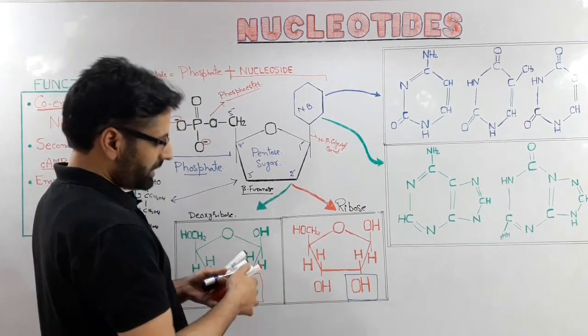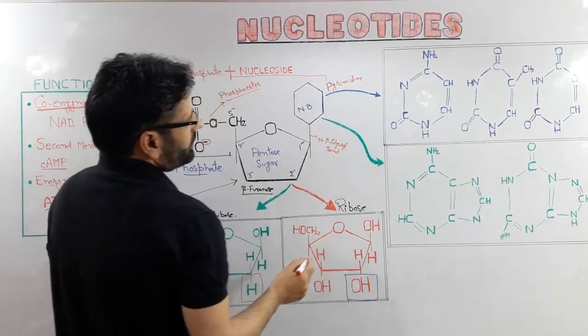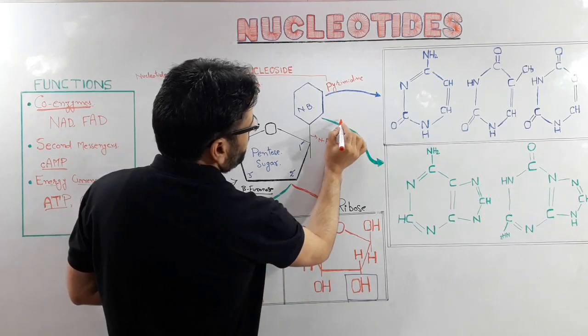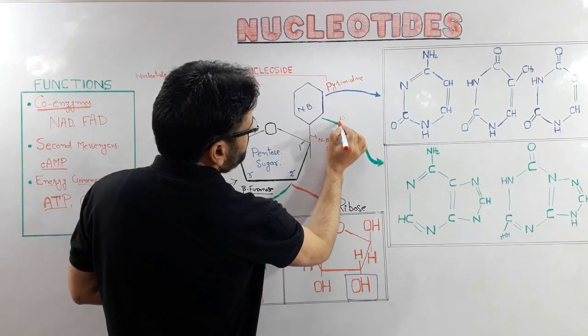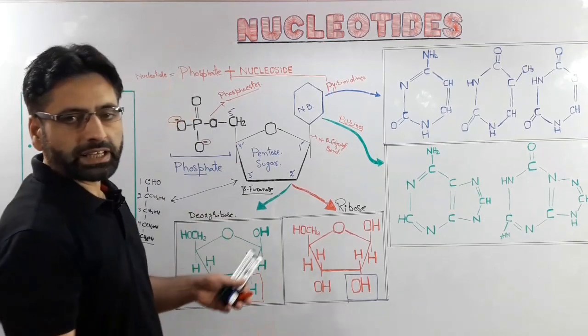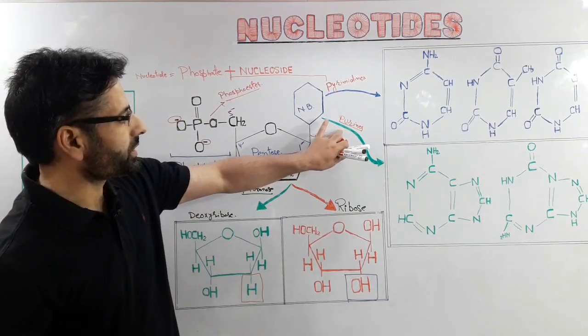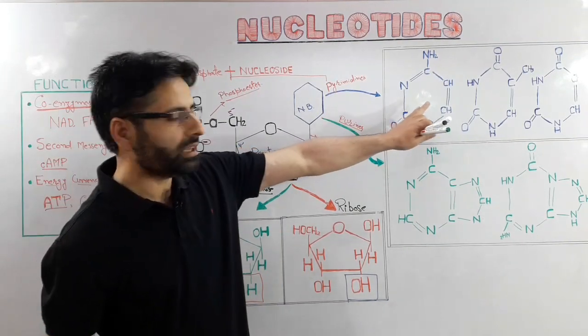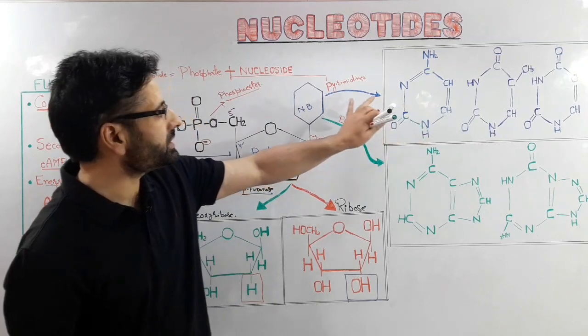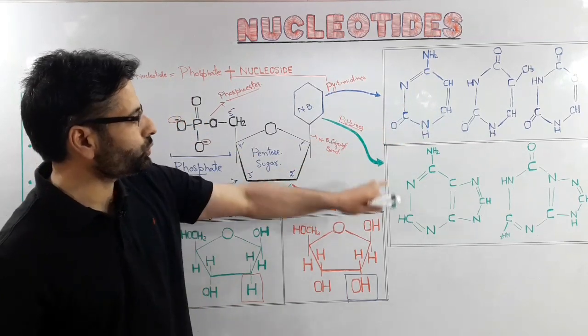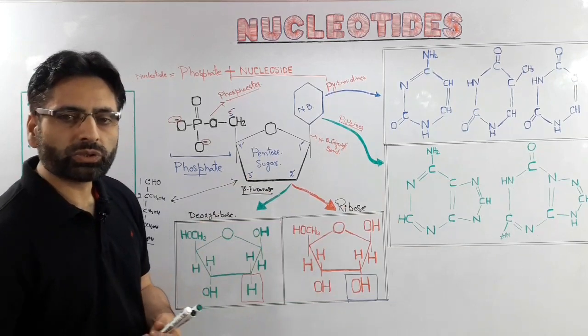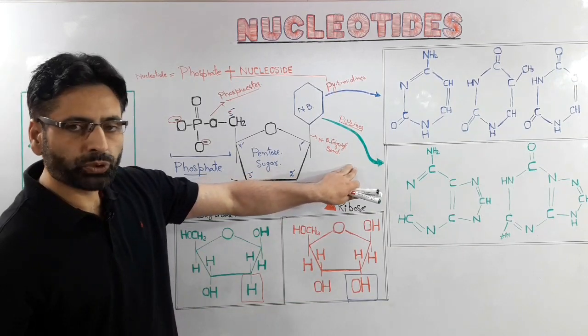One is called the pyrimidines and the second type is called the purines. We have 3 nitrogen bases as pyrimidines and 2 nitrogen bases as purines.